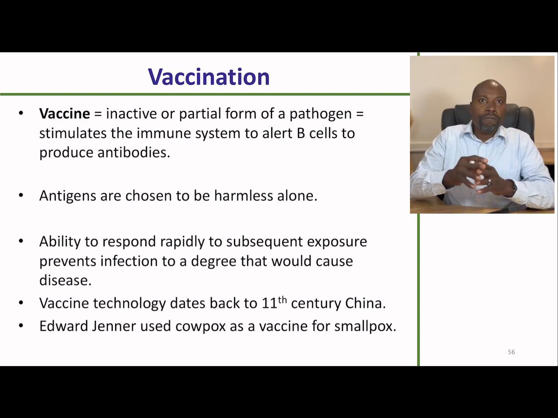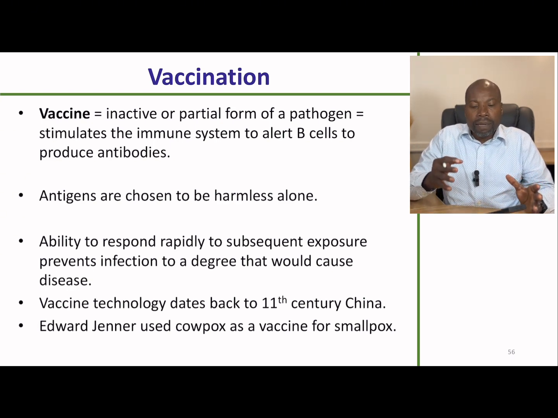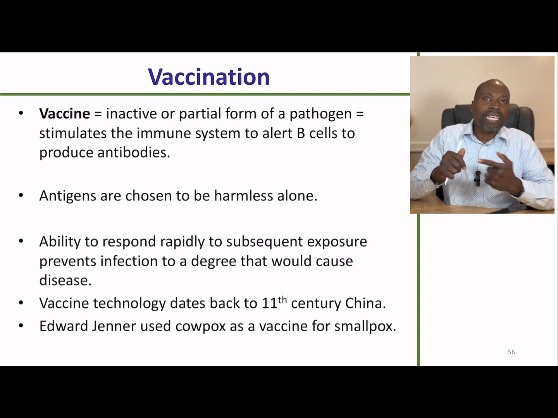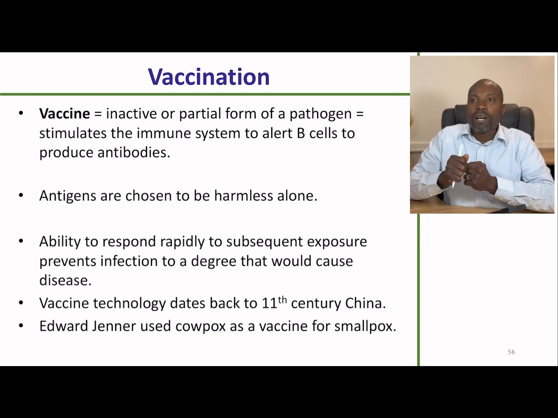It can be a full pathogen that is simply made not as virulent as the form that is causing us to be sick, right? So we have attenuated vaccines, we have inactivated vaccines, not inactivated vaccines, but inactivated toxins. There we go, inactivated toxins.